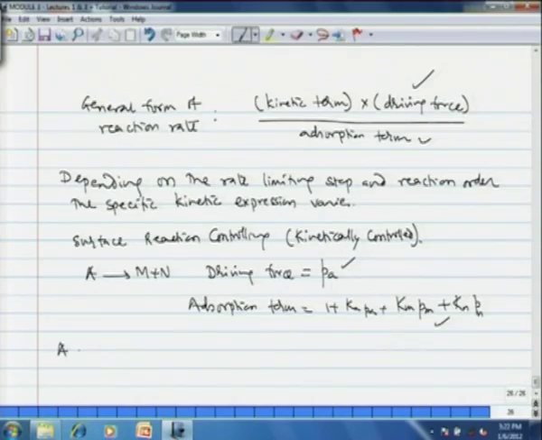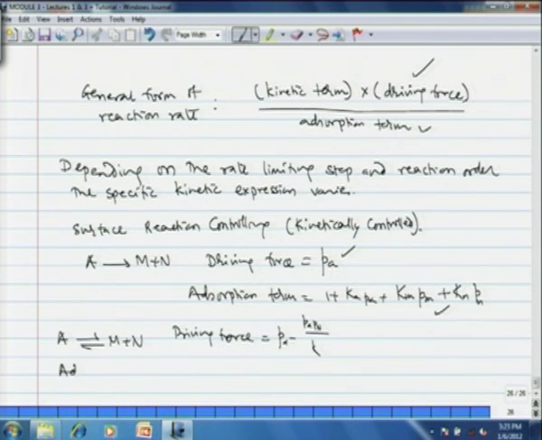Now, if the same reaction is reversible, represented as A going reversibly to m plus n, then the driving force is partial pressure of A minus the partial pressure of m into partial pressure of n divided by K, where K is a constant, and the adsorption term is 1 plus K_A P_A plus K_M P_M plus K_N P_N.